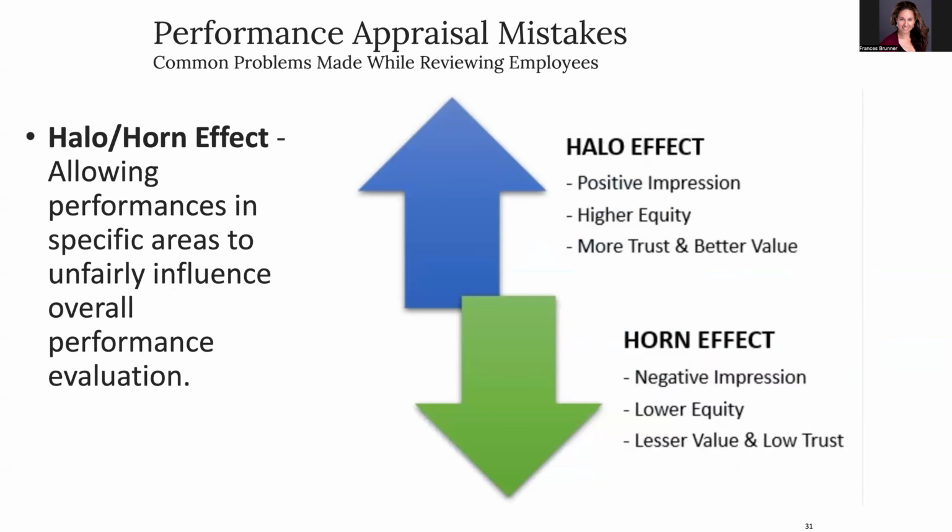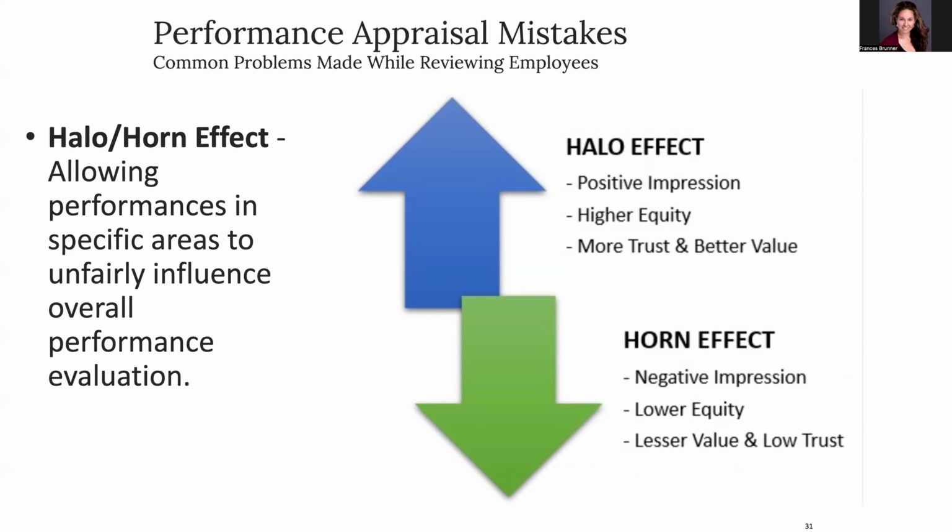Other performance appraisal mistakes include the halo horn effect. That is when some specific area is used to unfairly influence the overall performance evaluation. For example, not meeting expectation in one area might translate to the rest of the performance evaluation, because the manager only remembers the thing that the employee did wrong.